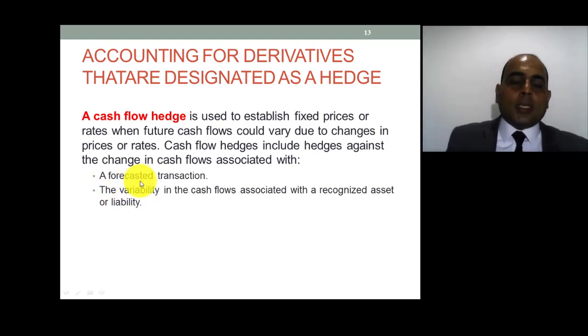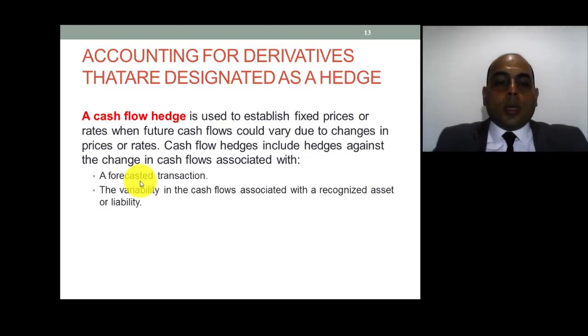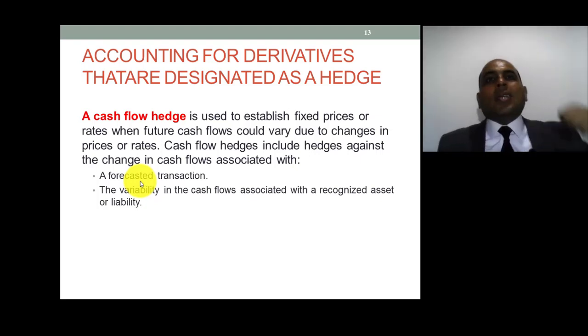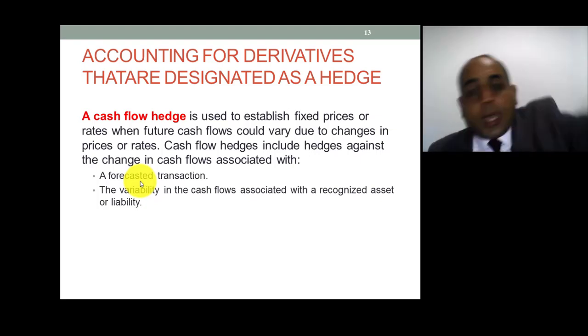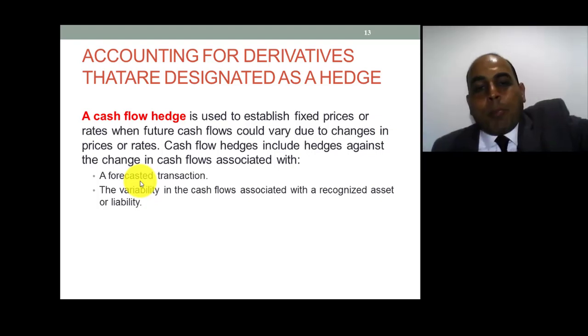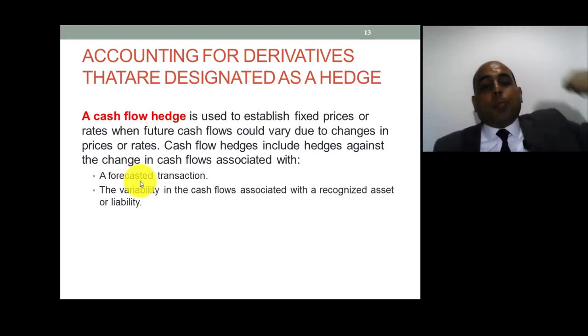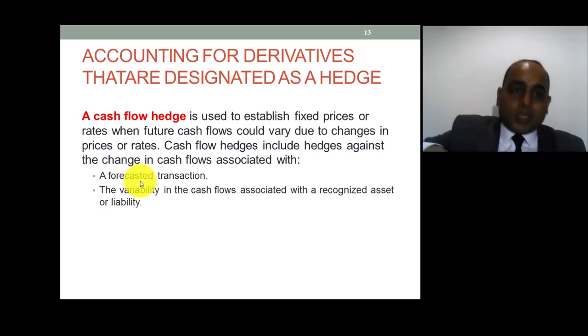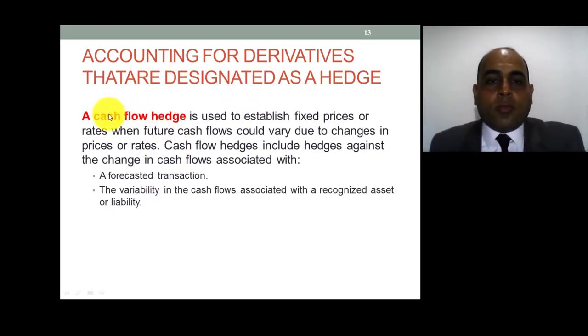What does forecasted transaction mean? We don't protect ourselves against an existing liability or asset, but we forecast that we will receive a certain amount of foreign currency, or purchase a certain amount of corn or whatever commodity in the future. So against the expected transaction, we enter into a forward contract. In this case, we are talking about a cash flow hedge.